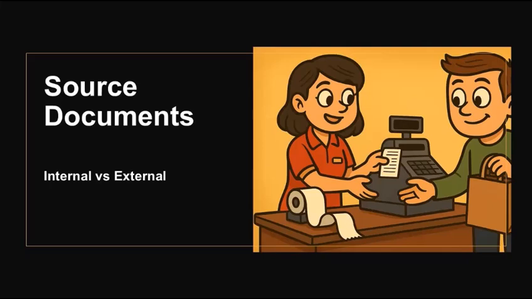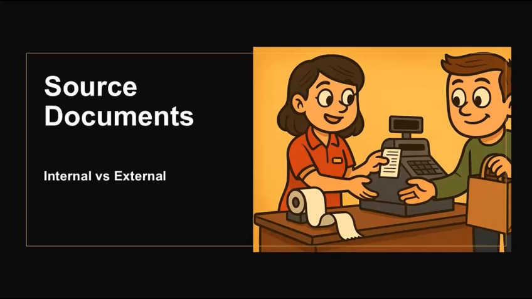As we just mentioned, when a business makes or receives a payment, there must be proof in the form of a source document. But not all source documents are the same. Some come from inside the business and some come from outside the business. Internal source documents are created by people inside the business.